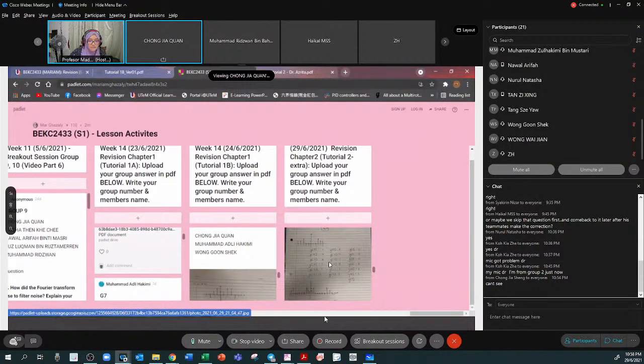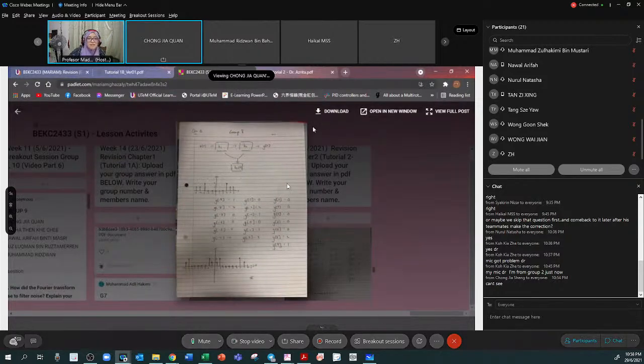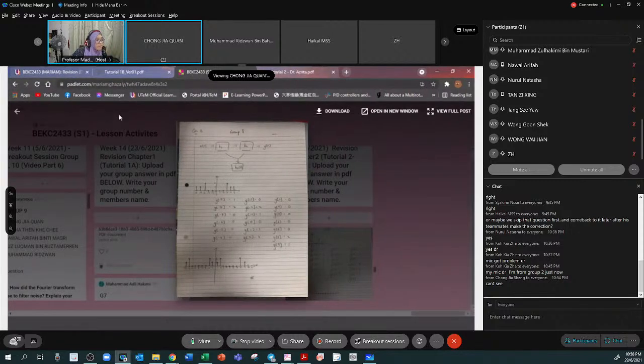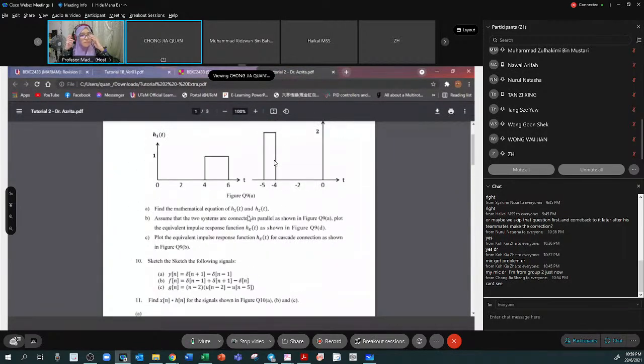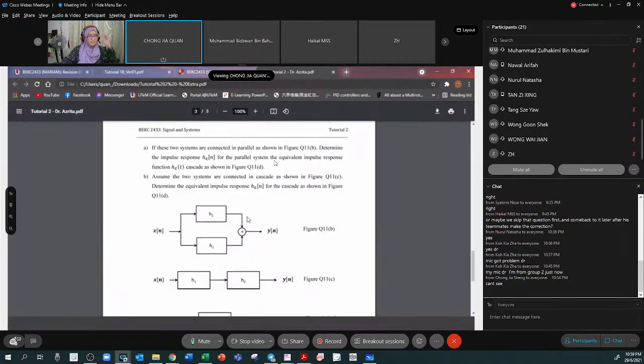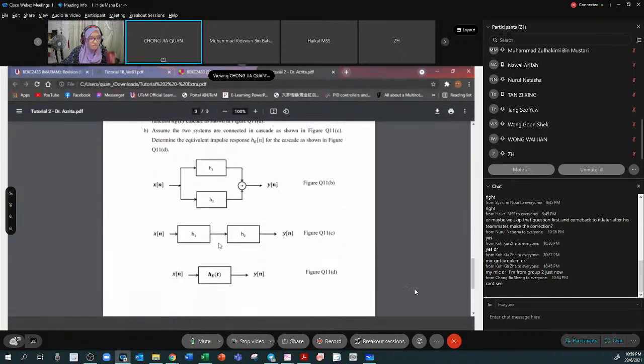Dah. Okay, so let's look at the question. Explain first what was the question and what you are supposed to do. Okay, wait. Question. Open Zoom sikit. So the question requests us to do Q11, Q11C. We need to convolve H1 and H2 to get HE.